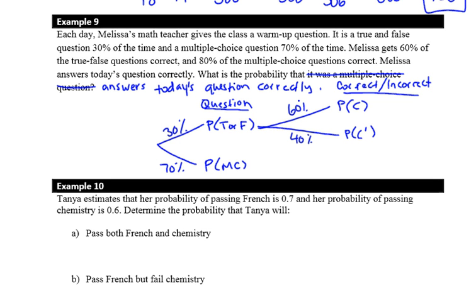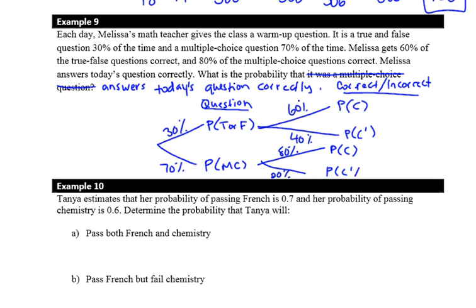Okay, if it's a multiple choice, what's the probability that she's correct? 80. So what would be the probability that she gets it wrong? 20. Now the question asks, what is the probability that Melissa answers today's question correctly? So there's 2 routes she can take.